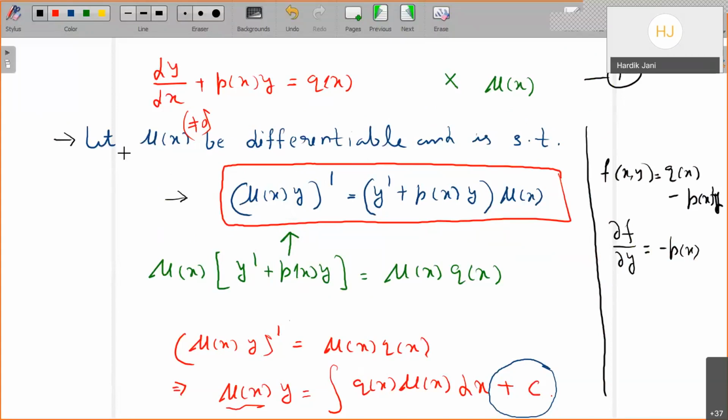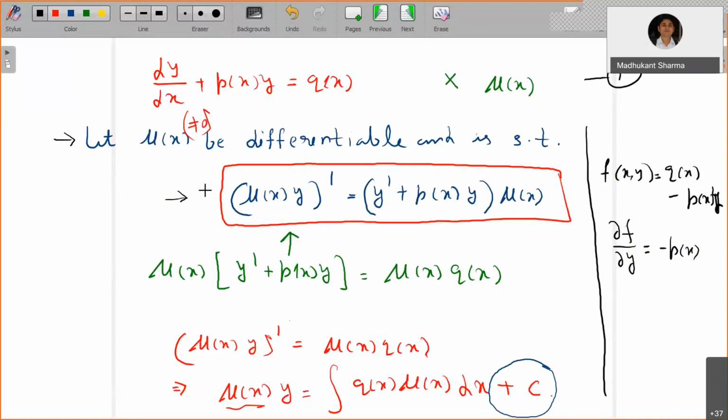We are starting with the assumption that mu(x) is a non-zero and differentiable function, such that this holds. This is what we are assuming. Once we are assuming that, it's like an inverse problem. I'm not giving you first-hand what definition of mu I'm going to use.